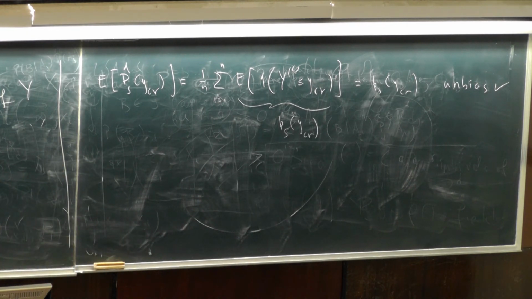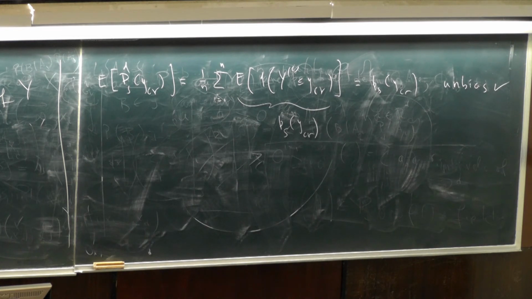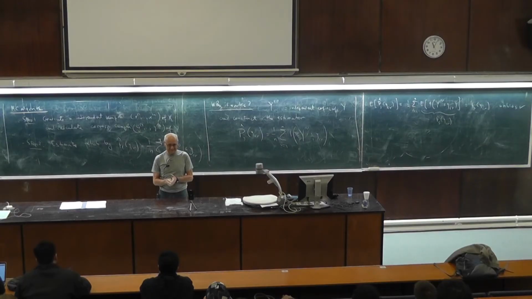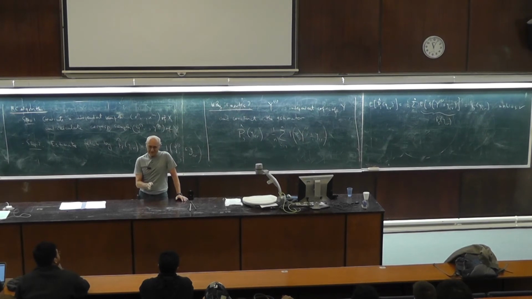So what would we like the variance to do? Well, just by intuition, if I have more samples, am I going to do better or worse? Much better, right? So you expect the variance to decrease with the sample size n. We know that it's unbiased, so we know on average.